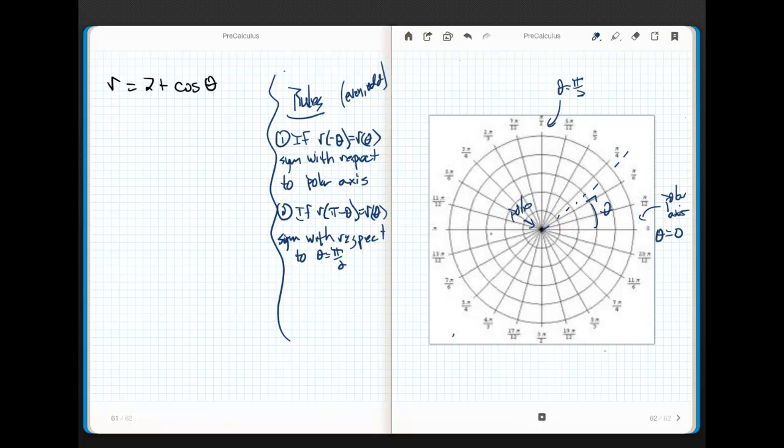But then what I do is pi minus theta, won't that give me, pi minus theta is like reflecting this angle across into the second coordinate, right? So if I get the same value out, then that just implies that these two values are going to be symmetric about theta equals pi halves.